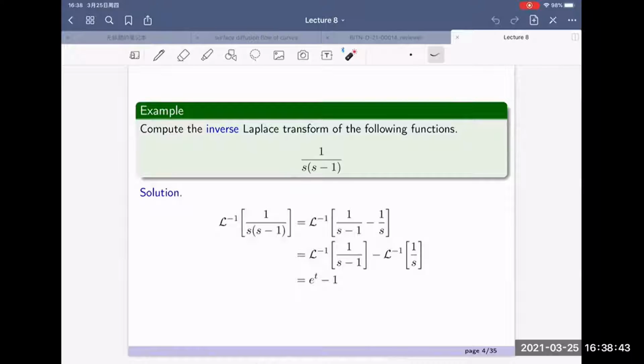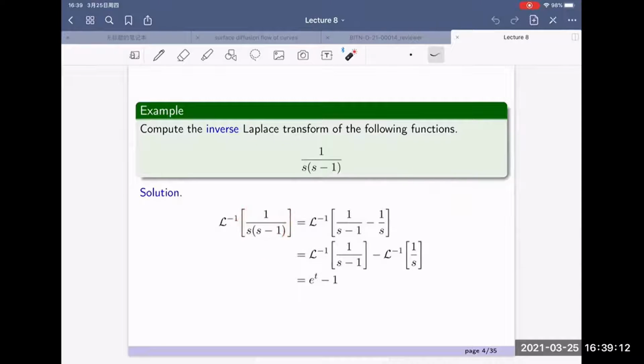And you can verify that if you collect the two terms on the right side, the function inside the big bracket has denominator s minus 1 times s, and the numerator would be 1.